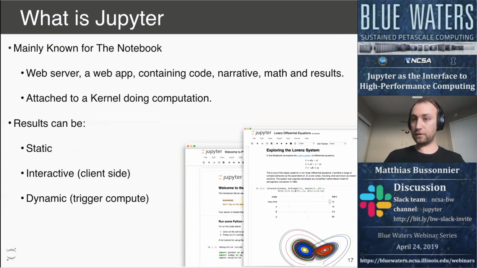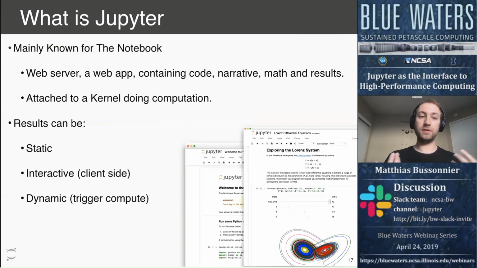But mainly when you hear about Jupyter, people think about the notebook. There are many other components, but usually that's what they mean. And the notebook is a web app that can contain code, narrative, math, and results. That's what you have in the front end, and it's attached to a kernel doing computation. And that can be a small machine or a really big machine or a supercomputer.